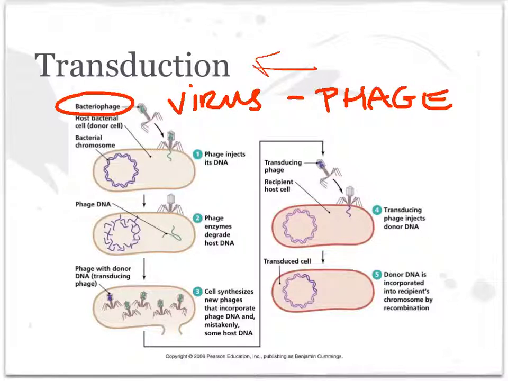This phage ultimately binds to the host bacterium, and the phage injects its DNA. The DNA is viral DNA that codes for all of the proteins that make up the phage itself, that allow it to reproduce.